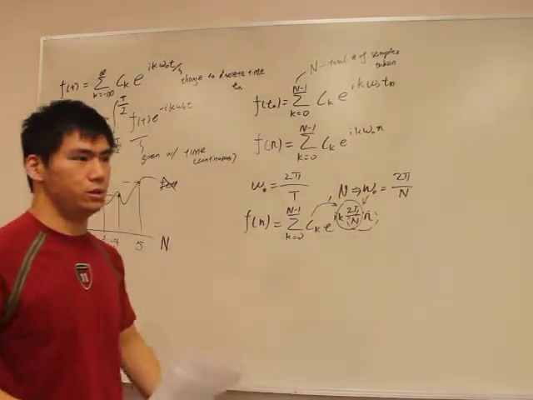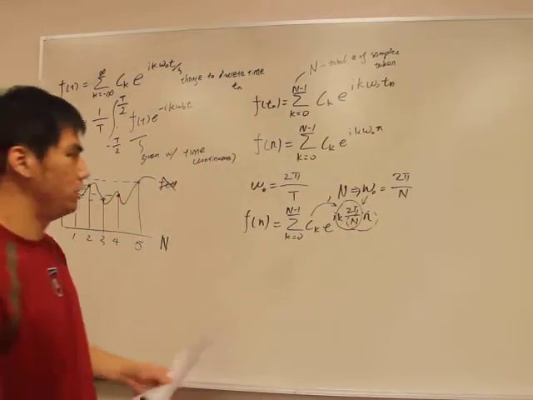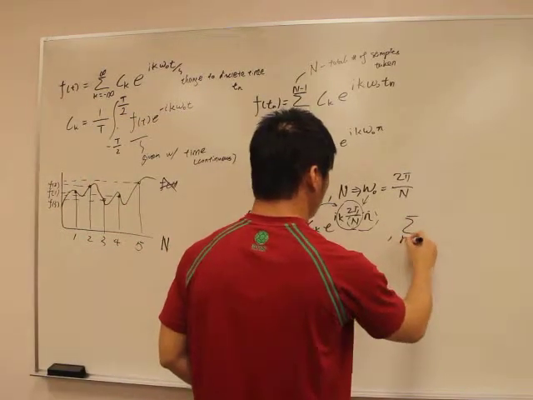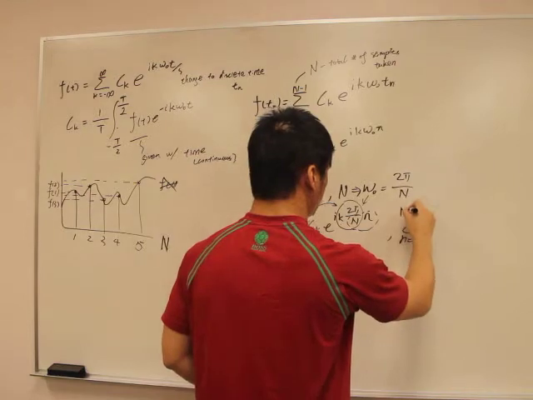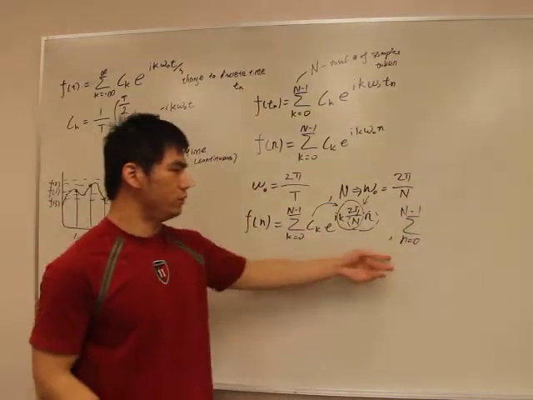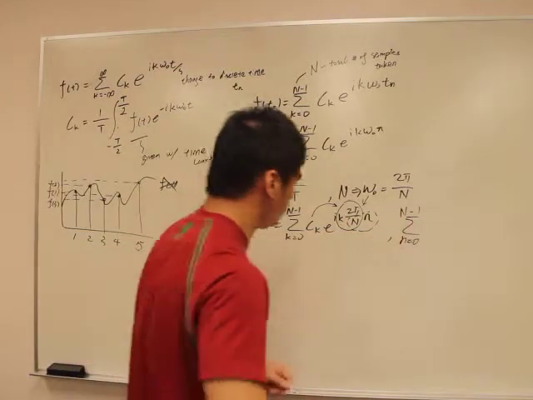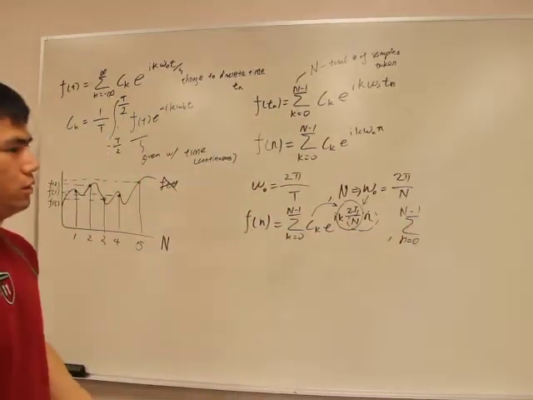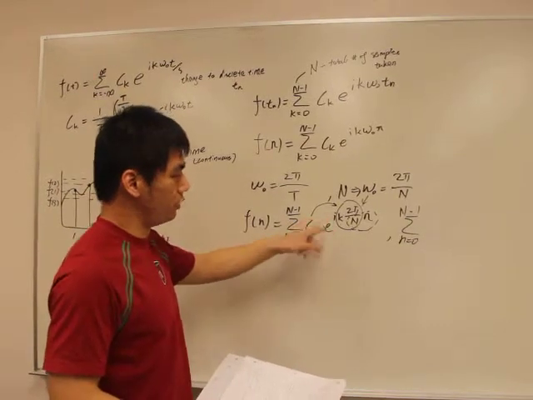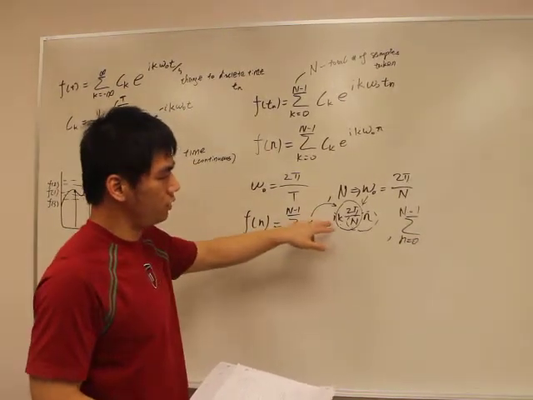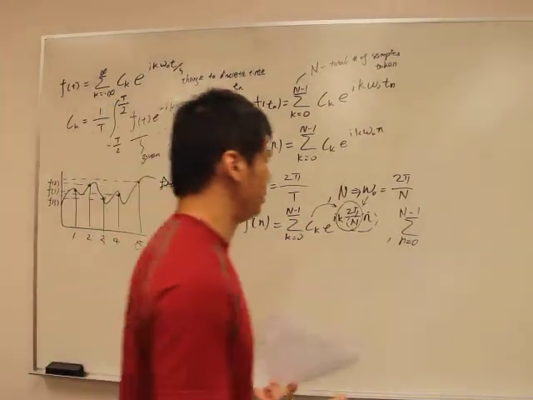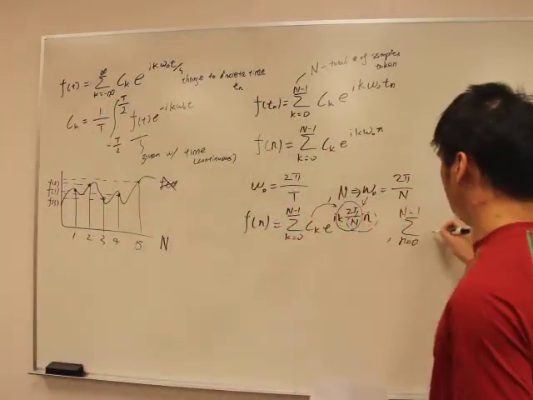Then we need a summation over n. We need something like this: summation of n from 0 to N minus 1. If we're looking for that, what's in the summation then? To make it simple, we can just have the negative exponent to the e. When we multiply them together, they're going to cancel out.